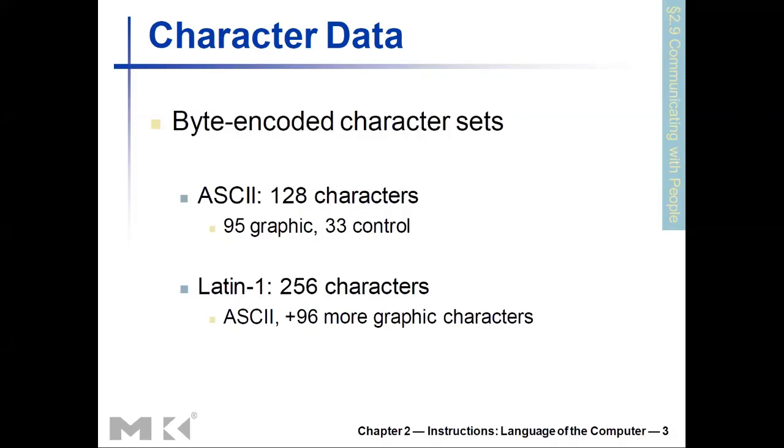So these we call control characters. And there's another encoding standard called Latin 1, which supports 256 characters. It supports all the characters supported by ASCII and also 96 more graphic characters. So that is what these 2 standards are.